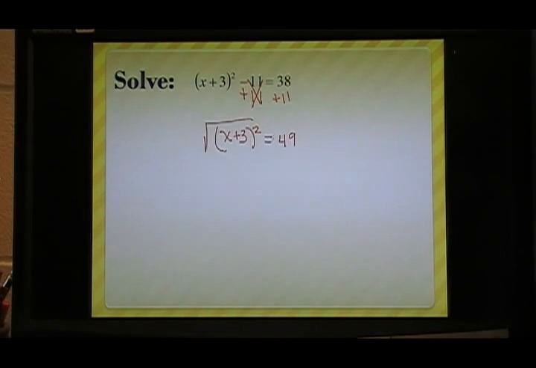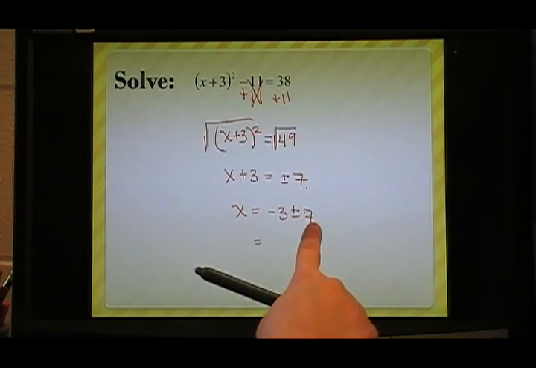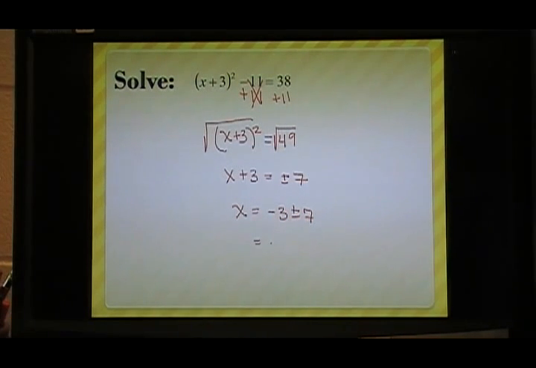Taking the square root of both sides, I have x plus 3 equals plus or minus 7. Subtracting 3 from both sides gives me x equals negative 3 plus or minus 7. So one solution is going to be negative 3 plus 7, which is 4.